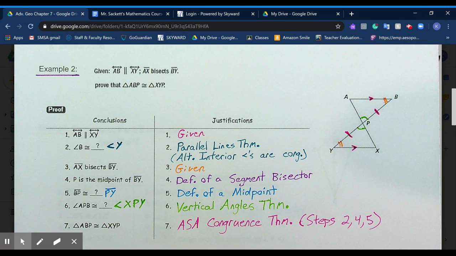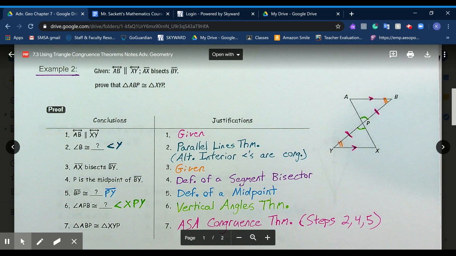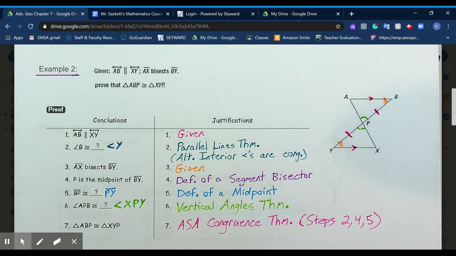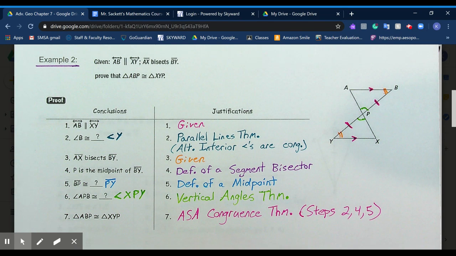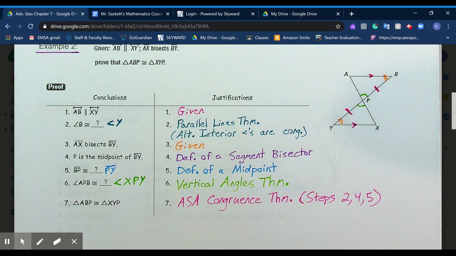I know that's going to be part of my proof based on that idea of a bisector. Then these other markings on the angles, you'll see I added as I went through the proof. Again, they gave us most of the conclusions with a couple blanks and question marks. Otherwise, they just asked for the justifications.